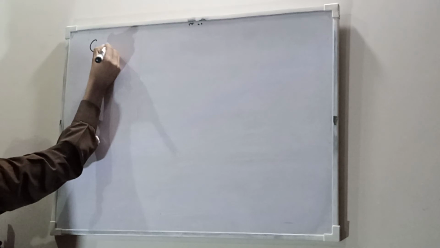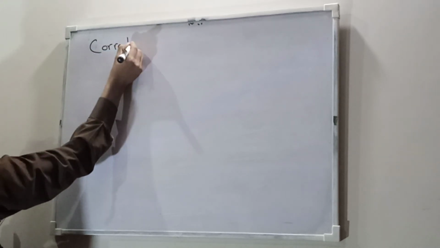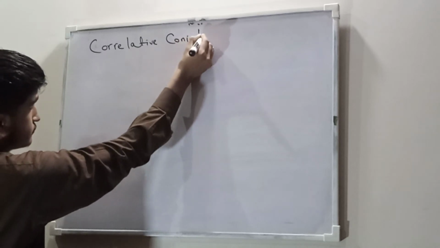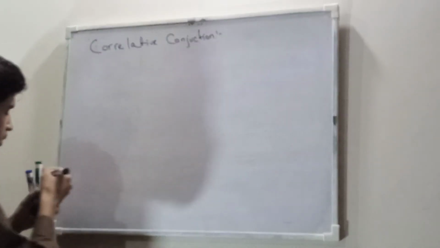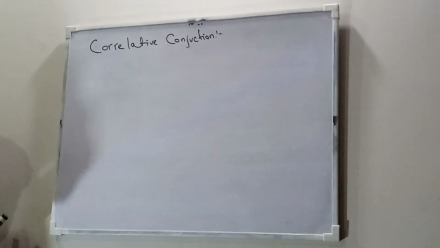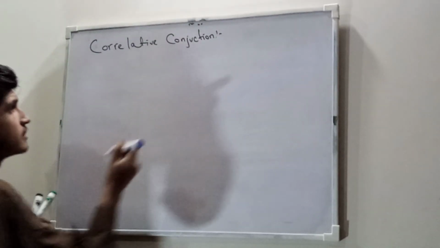Now we will move to the third and last type of conjunction, which is correlative conjunction. Correlative means pairs. You can say a sentence in pairs.